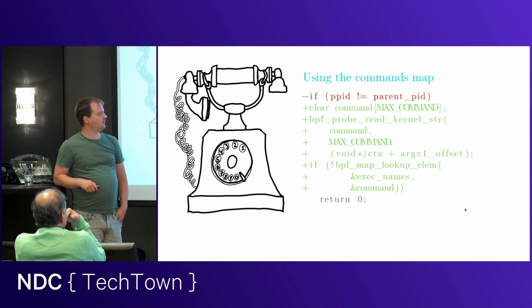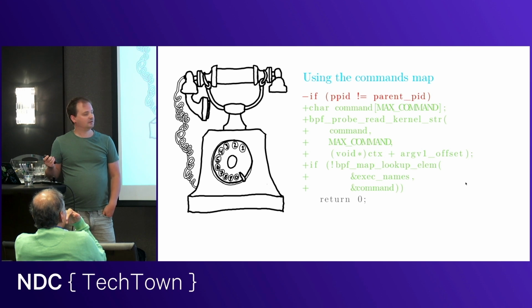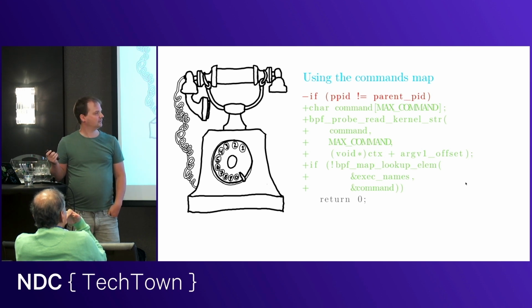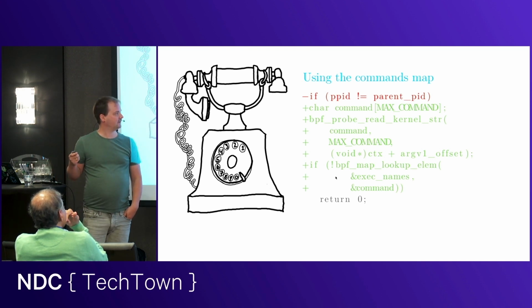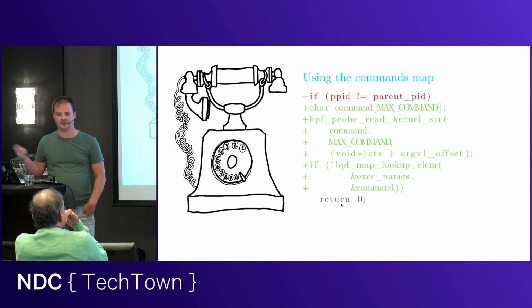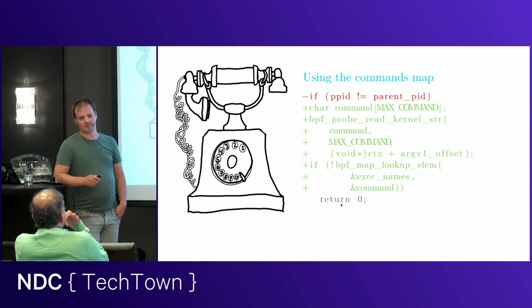If it exists in the map, then lookup element will return a handle to it, or an index to it. And if not, it will return 0. So if I can't find it, I just return 0, because then I'm not interested in this and I don't have to do any more work in the kernel. So that's basically the only change from the eBPF perspective, which is kind of nice.